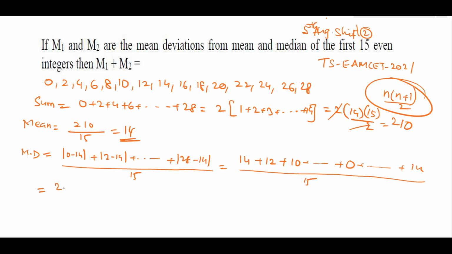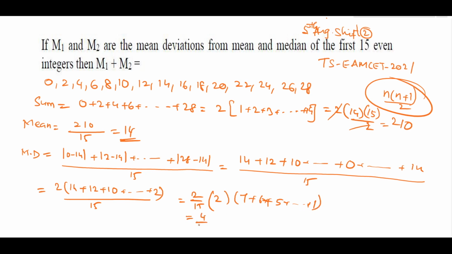That is equal to 2 into (14 plus 12 plus 10 plus up to the last value 2) by 15. That is equal to 2 by 15 into, taking 2 common in these, 7 plus 6 plus 5 plus up to the last value 1.